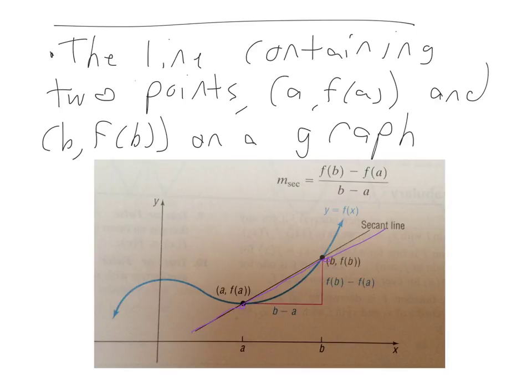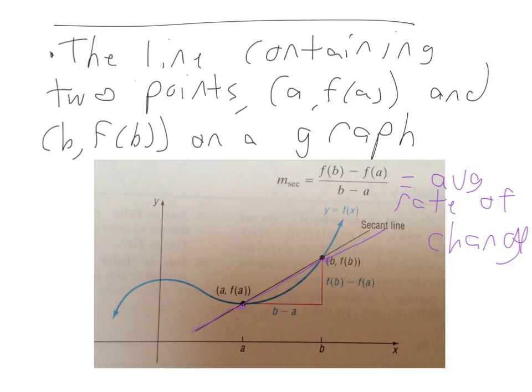And if you notice, the slope of the line containing the 2 points is just given by the y values being subtracted, divided by the difference in the x values. This looks like the formula for the average rate of change we just went over.